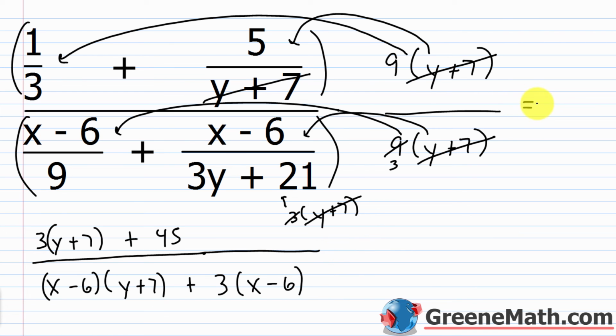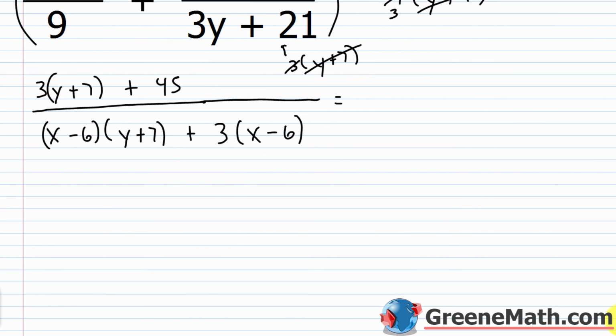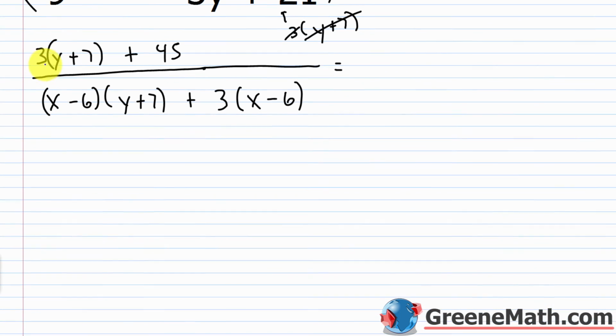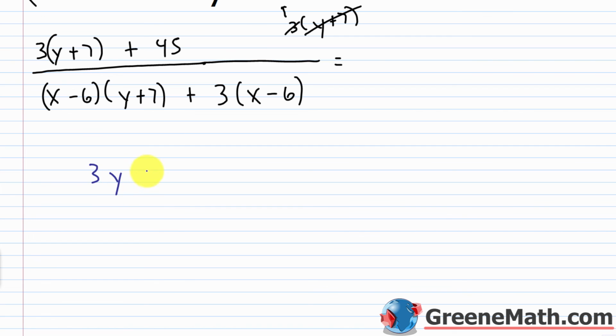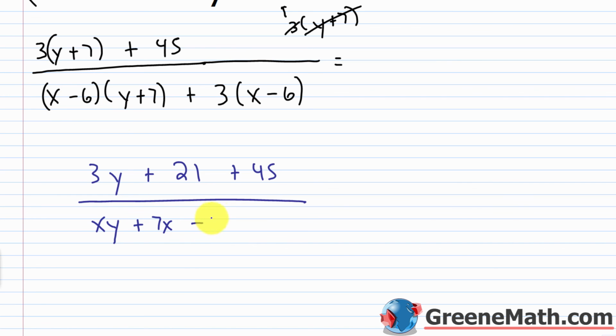Let me put my equals here and put equals here. And then let's scroll down a little bit. So in the numerator, 3 times y is 3y, plus 3 times 7 is 21, and then plus 45. In the denominator, x times y is xy, then x times 7 is plus 7x, then negative 6 times y is minus 6y, then negative 6 times 7 is minus 42, then plus 3 times x is 3x, and then 3 times negative 6 is minus 18.